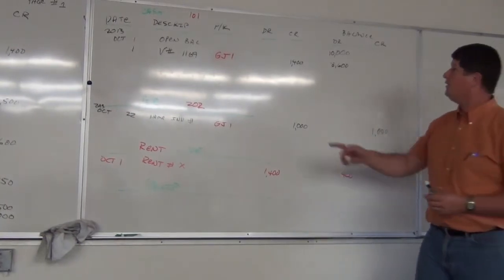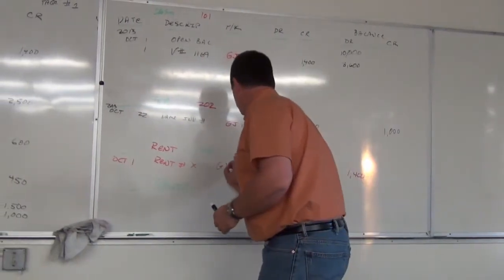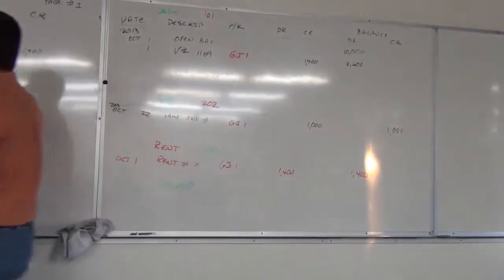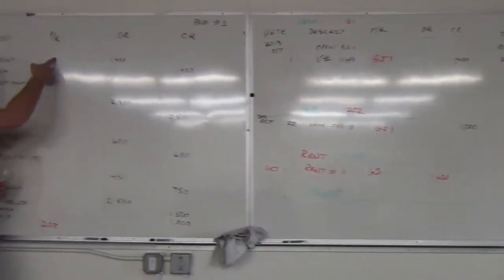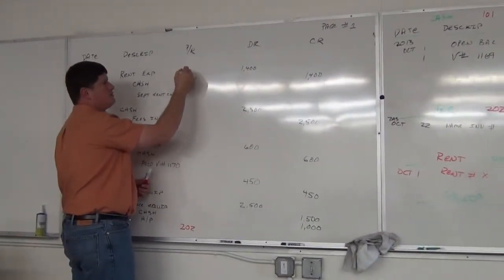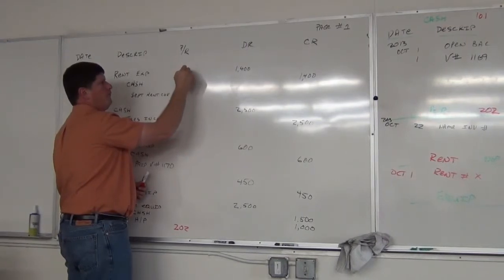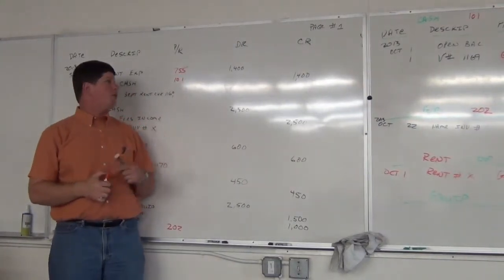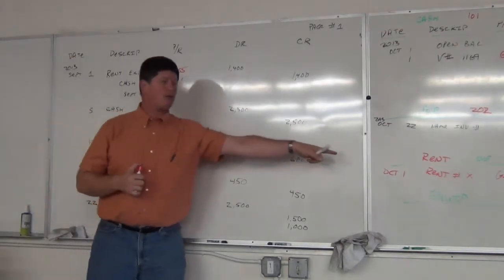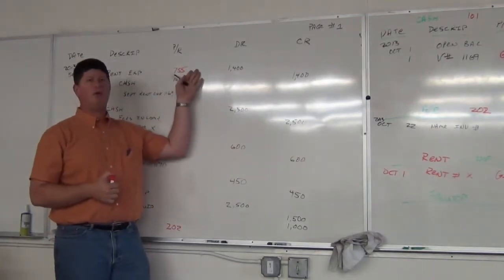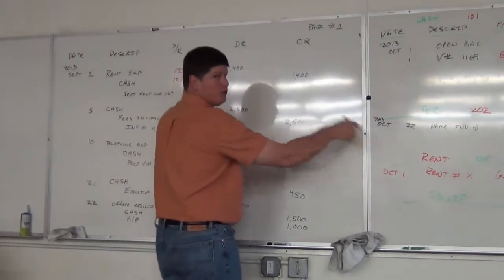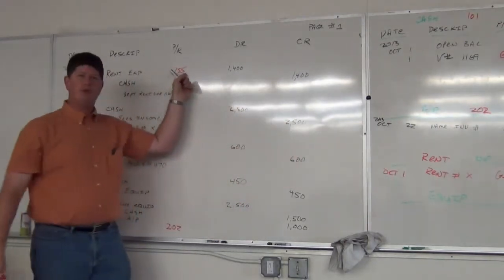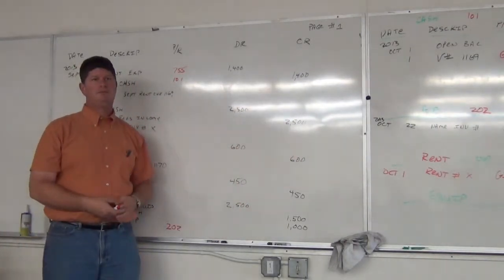Okay, you would get your posting reference, and you would come back up here and plug in the rent expense number, which is, I don't know, I'm making numbers up at this point, right? But once I've posted it here, once you put in the posting references, you know they tie back and forth to each other so you can find them, but you know that this has been done. Okay?